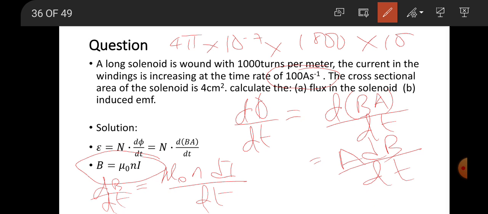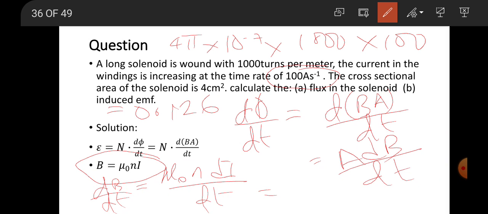So that is 4 pi times 10 to the power minus 7 times 1000 times 100. Okay, that will give us 0.126. So the rate of change of magnetic field is 0.126. That's dB over dt.